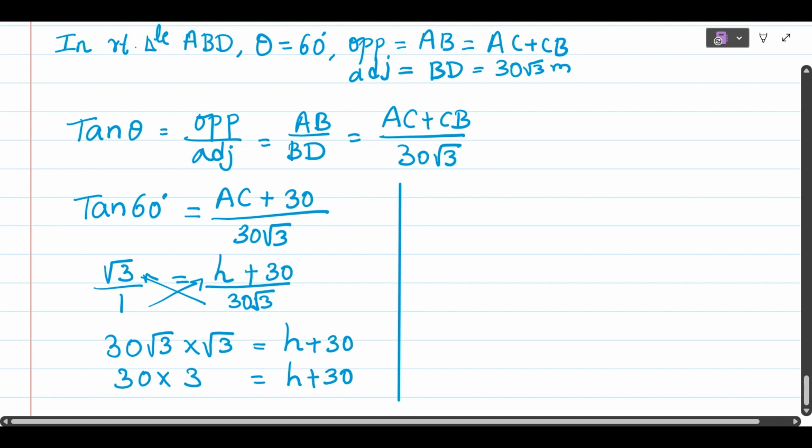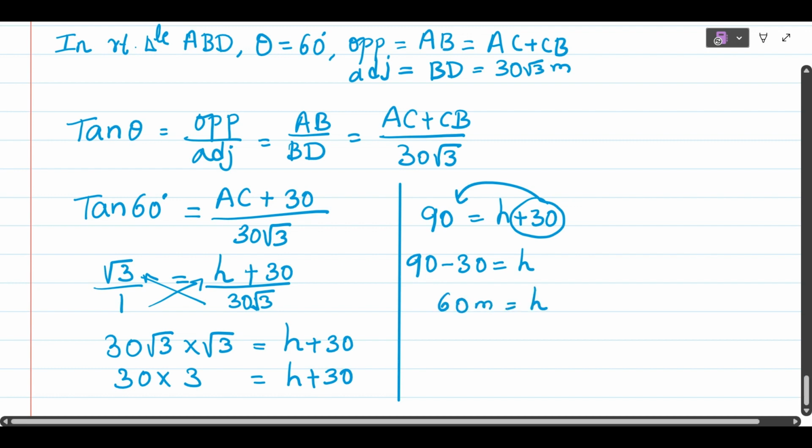So 30 into 3 gives 90 meters, that is equal to H plus 30. And now transpose this plus 30 to the left hand side. You will get 90 minus 30, that will be H. So 90 minus 30 gives how much, students? 60 meters. That will be the H. Is it clear?